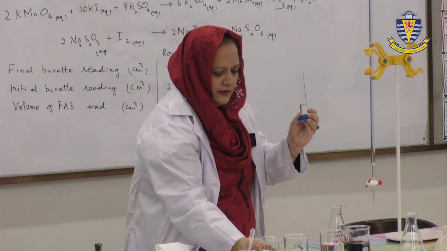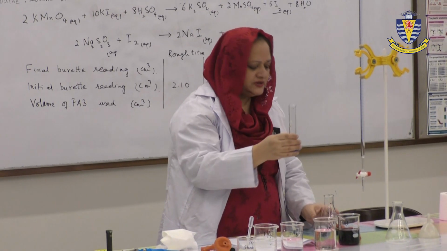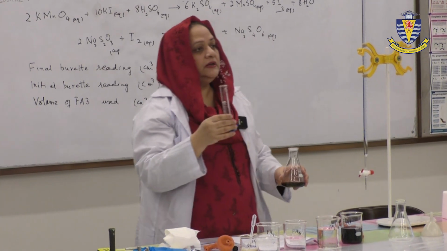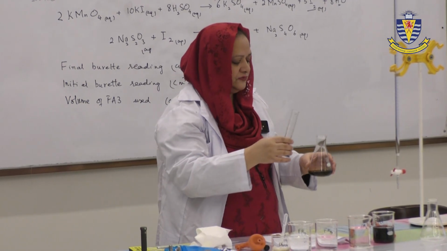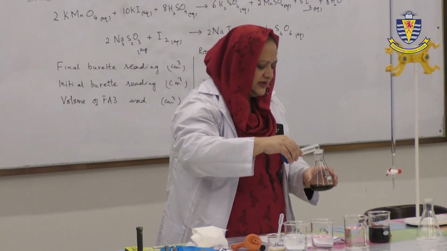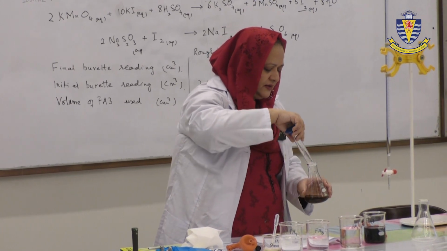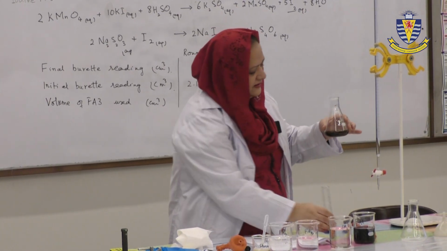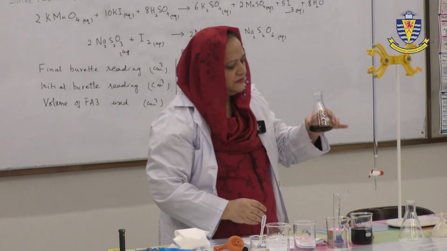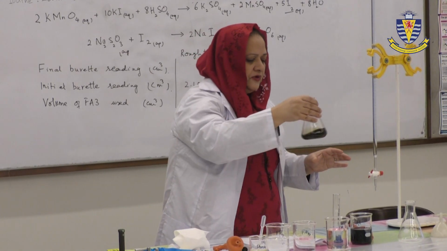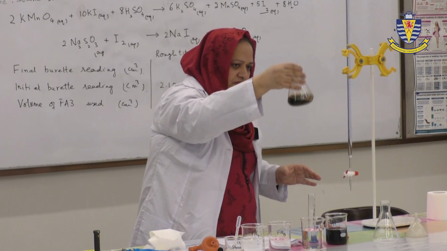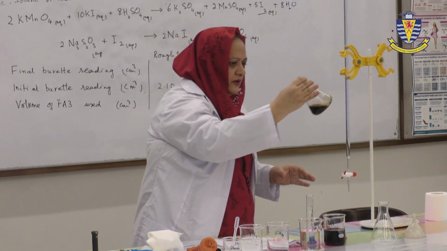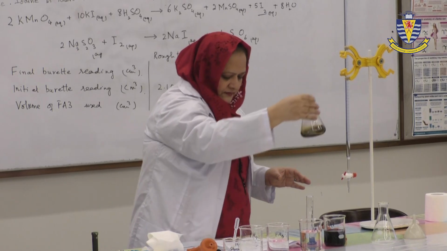For all colorless solutions, you have to note down the lower meniscus, and for the colored solutions you have to note down the upper meniscus. Add this sulfuric acid and you can see that there is a reddish brown color that is being formed because of iodine, and you can also see the solid particles of the iodine in it.